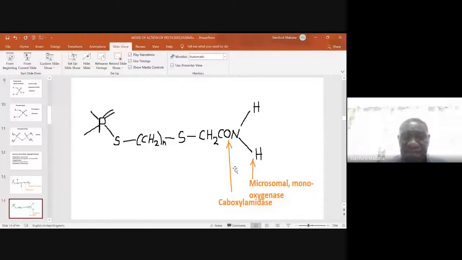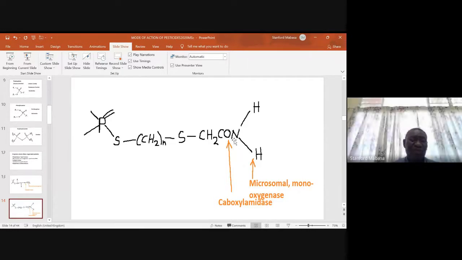If we put a nitrogen here, this becomes an amide. And the result of that is that we have an enzyme called carboxylamidase, which can facilitate the breakdown here. We also have microsomal monooxygenase, which can affect this amine group.